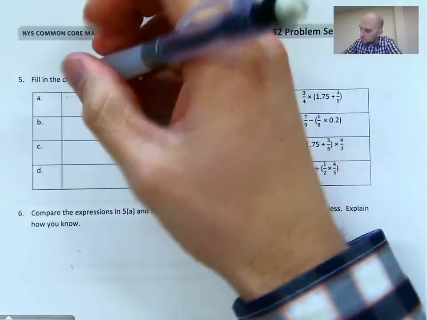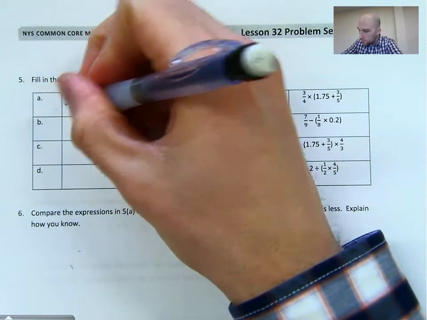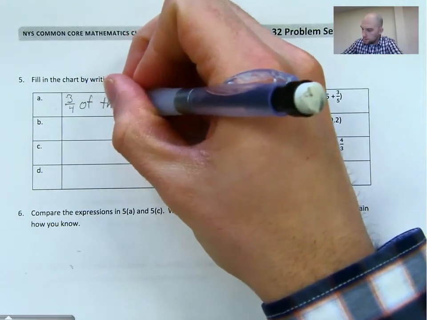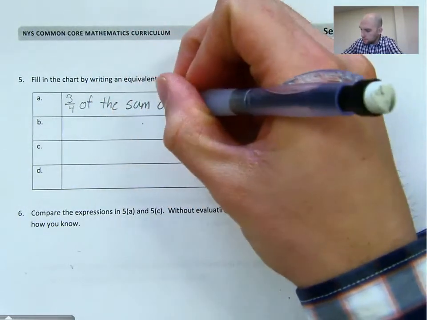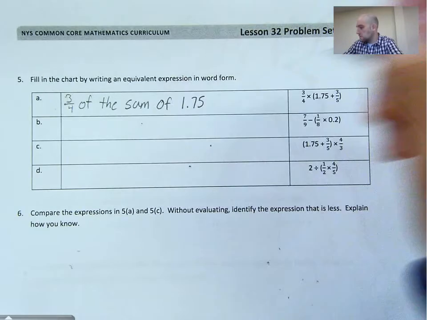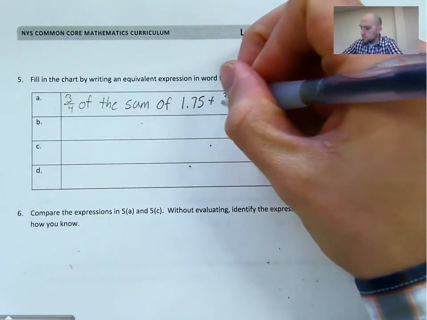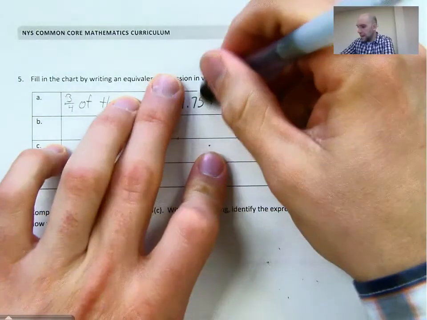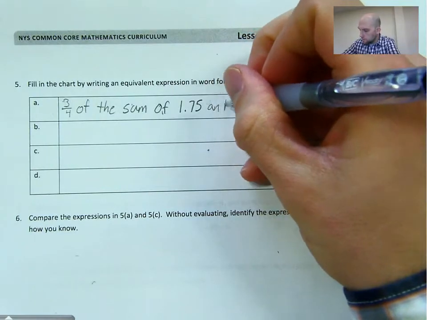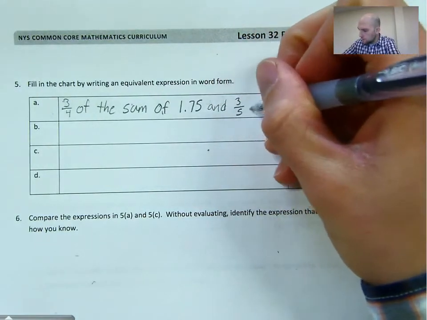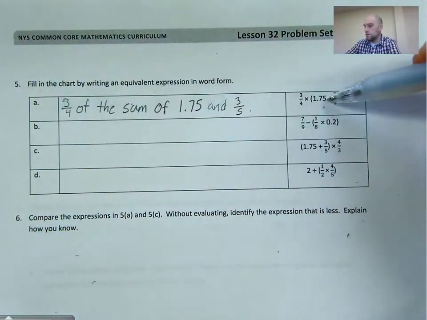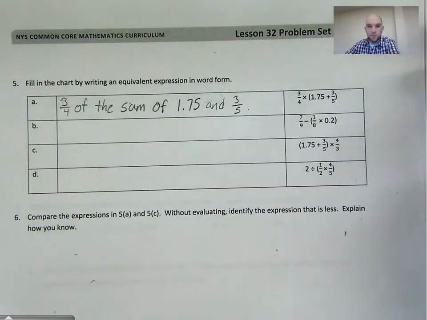That's how they did it before. 3/4 of the sum of 1 and 75 hundredths plus 3/5. I'll say and instead of plus. All right, so that's 3/4 of the sum of 1 and 75 hundredths plus 3/5.